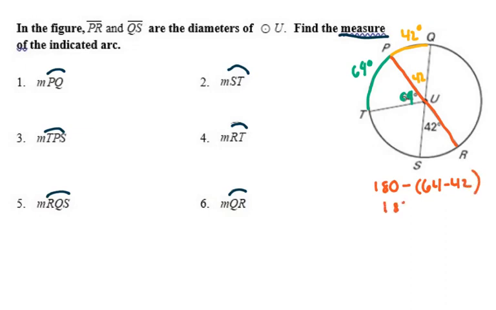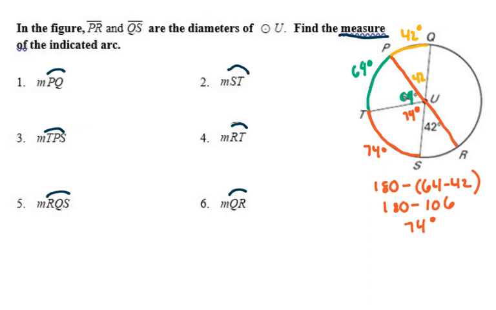So I get 180 minus 106, which gives me 74 degrees. So I know that angle TUS is equal to 74 degrees, and therefore arc ST is also equal to 74 degrees.